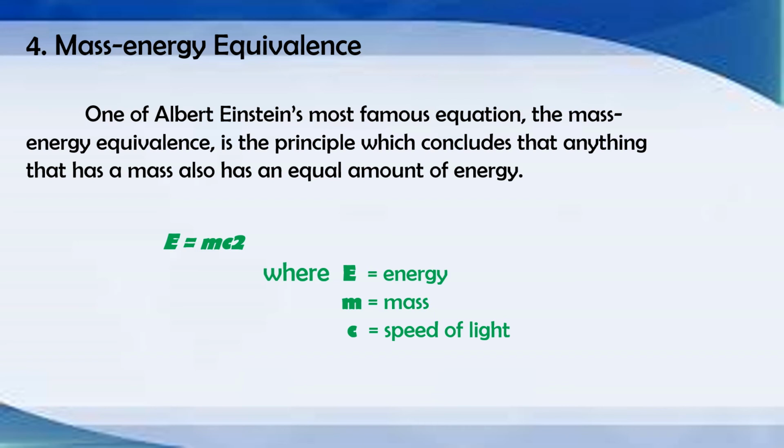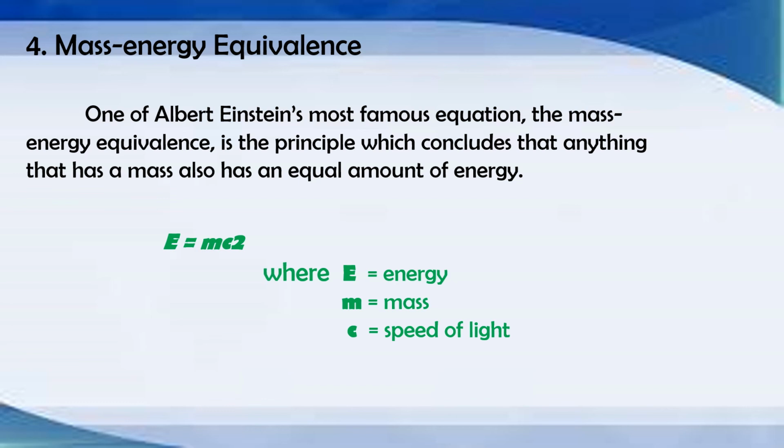Since the value of c is very large, this equation implies that everything that has mass, even those at rest, has inherent energies, such as kinetic energy, chemical energy, mechanical energy, and nuclear energy. So these energies can be harnessed to do work, such as lighting a bulb or running an engine.